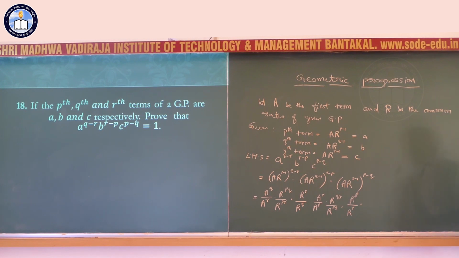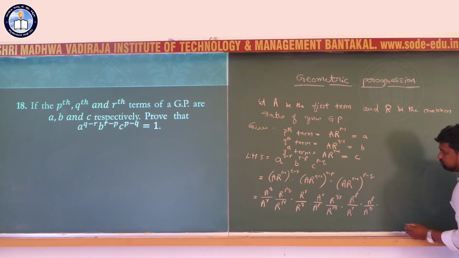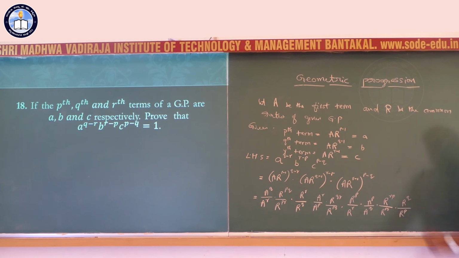Into A power p by A power q, R power rp by R power rq, into R power q by R power p.